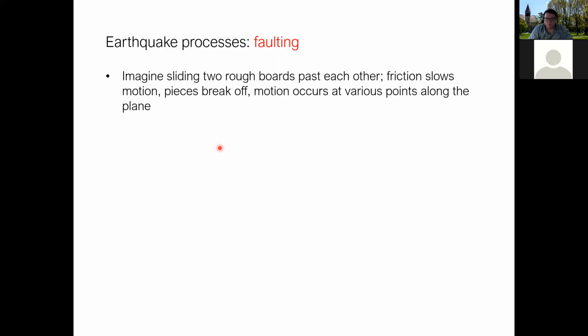The easiest way I can conceive to think about this is to imagine two by fours, or pieces of wood, sliding past each other. Friction and imperfections in the surface cause the wood motion to slow. Some small pieces break off or catch along the plane of the other, and as a result you sometimes see episodic motion along these areas.